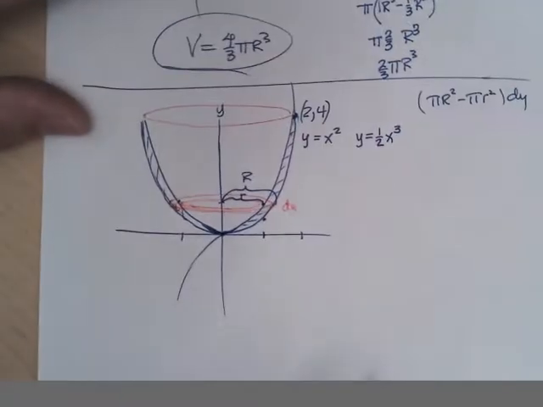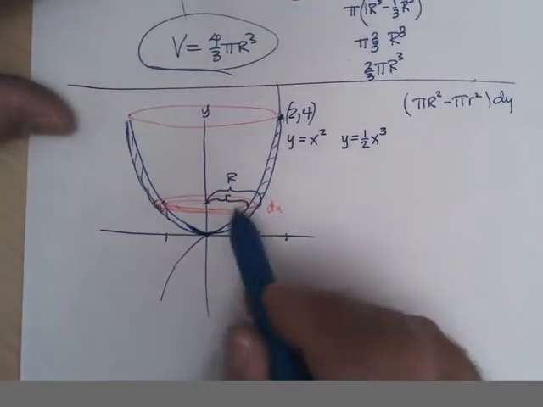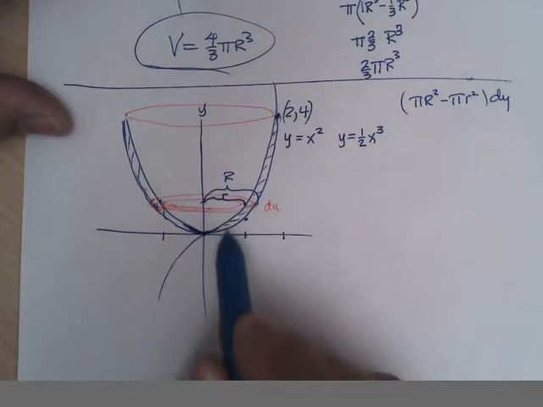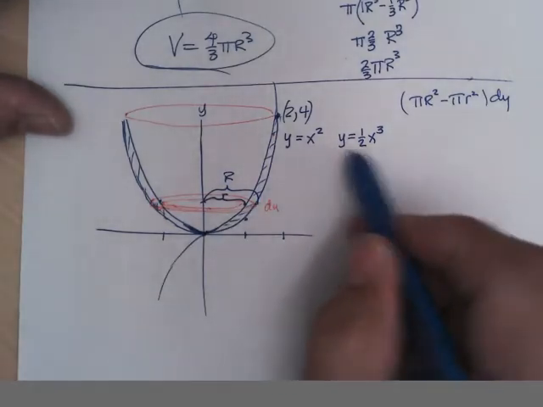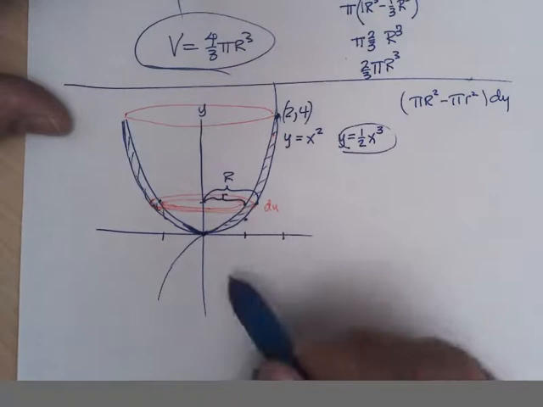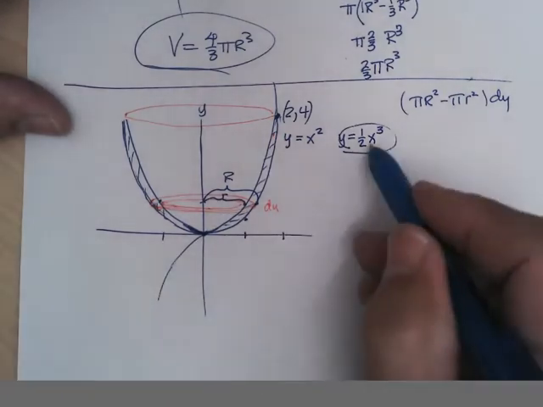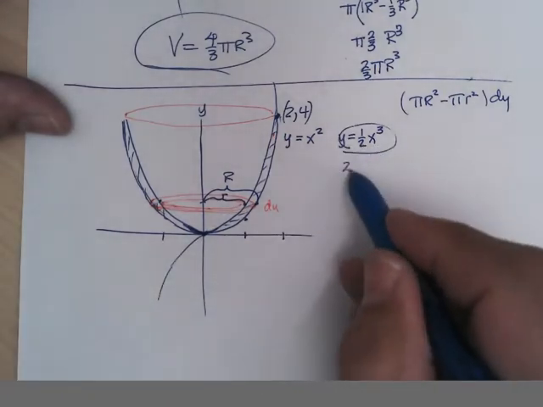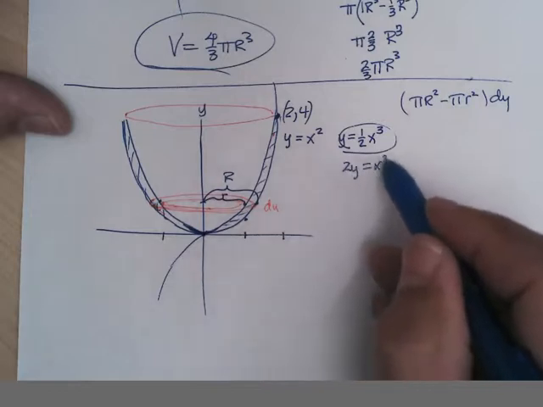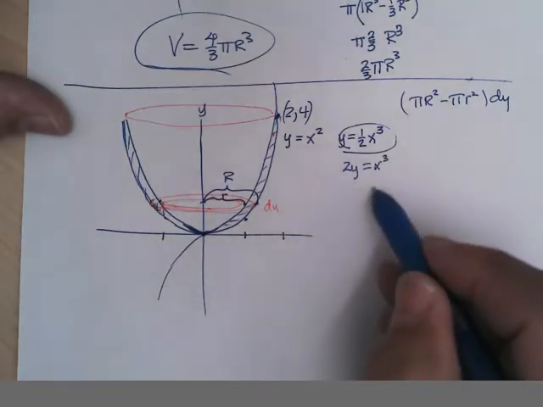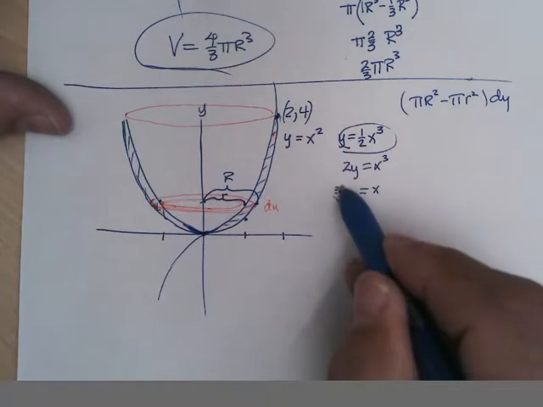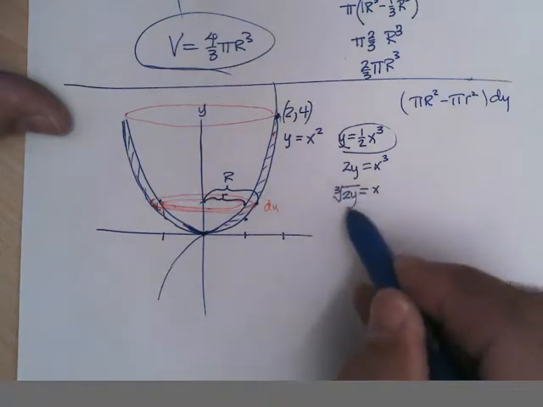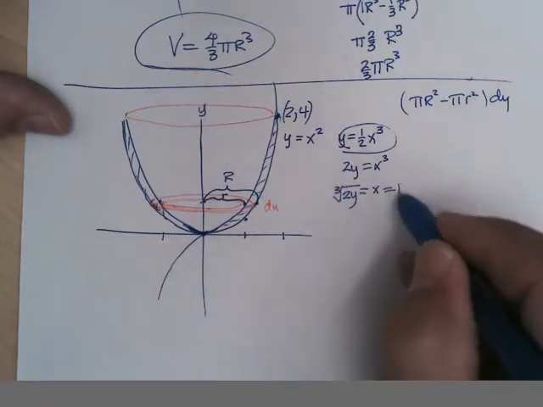Now, the radius of the large one is just in the x direction. It's the x on that curve. So what is x on that curve? So if I solve for x, multiply by 2, and take the cube root, that would be the large R.